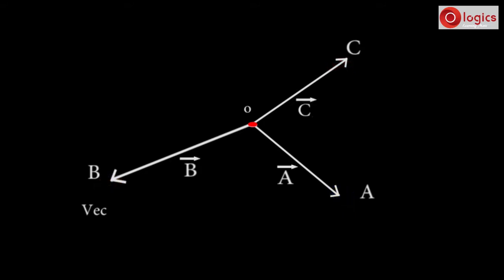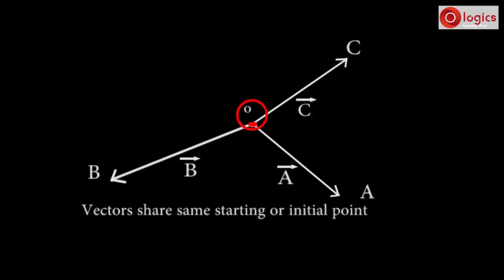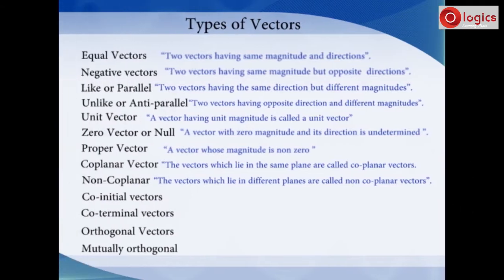All these vectors share the same starting point, which is point O. We can say A bar, B bar, C bar are co-initial vectors. Two or more vectors having the same initial point are called co-initial vectors.